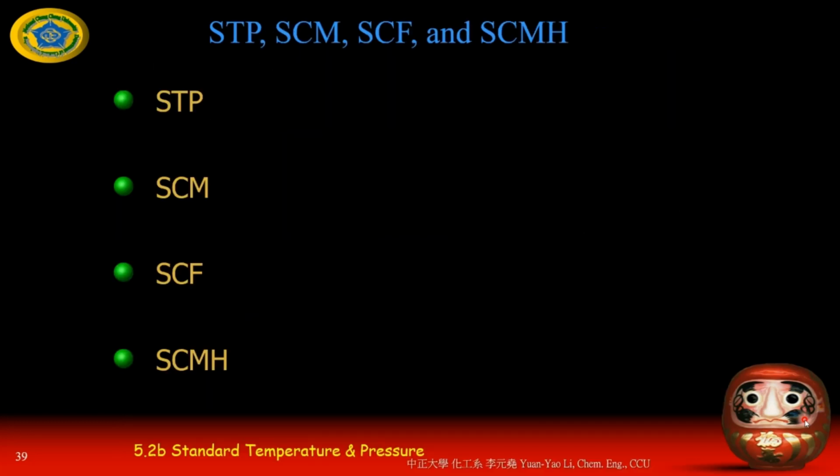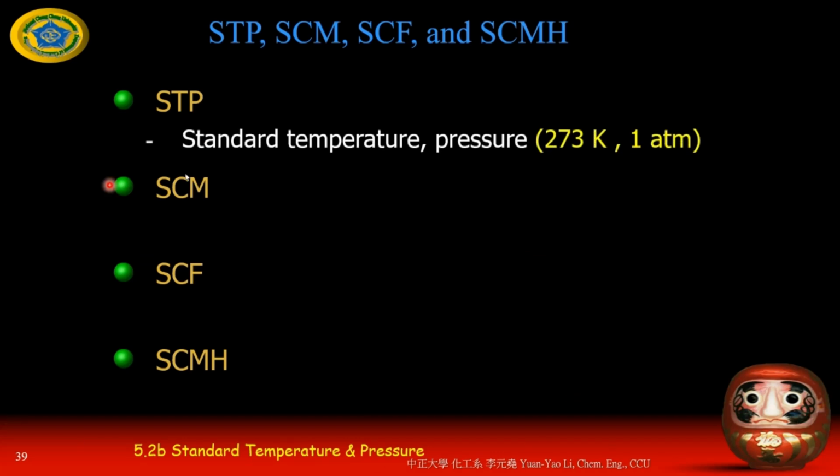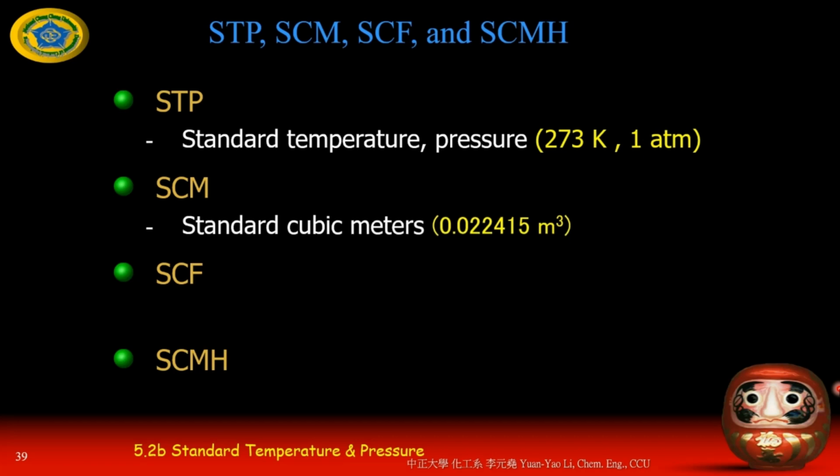Right, so here, I just want to let you know that some terms are not difficult to remember, okay? There are some terms here. STP stands for what? Standard temperature and pressure, which is 273 Kelvin and 1 atm. How about SCM? SCM stands for standard cubic meter. It's meter, so it's SI system, 0.022415 cubic meter.